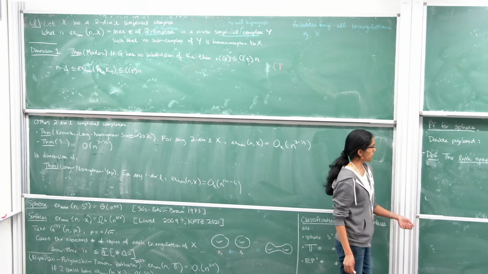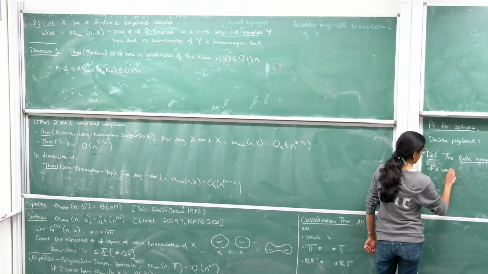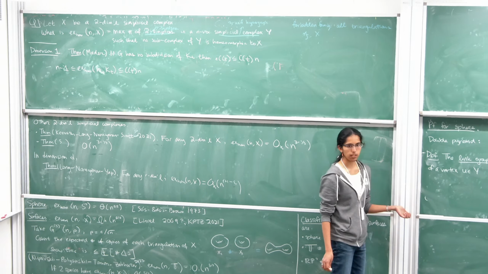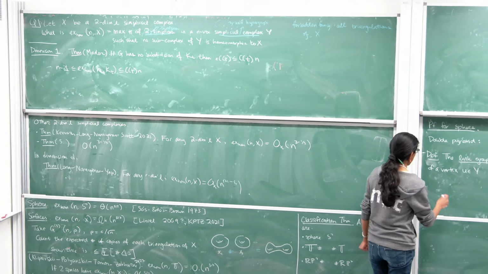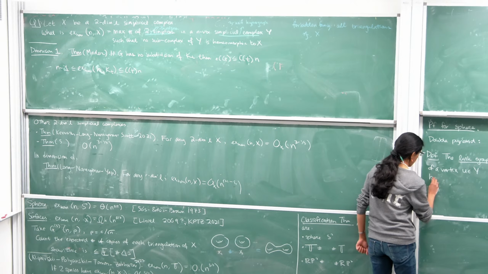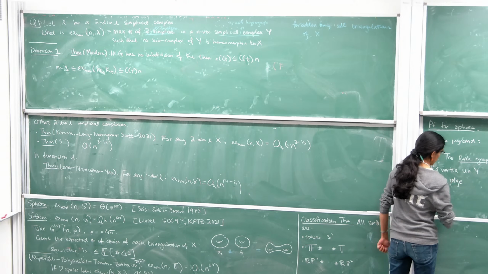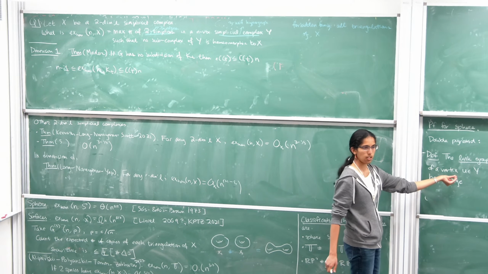So the way we find these things, we look at what's called the link graph. We pick a vertex u in our simplicial complex Y, and the edges of the link graph correspond to triangles containing u.